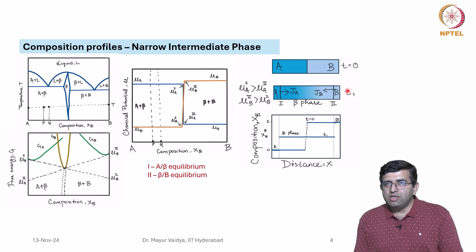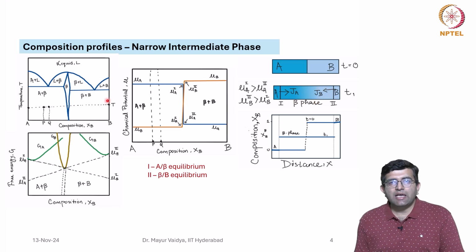But at T1, you have only beta phase developed here, a single phase beta, and beta has almost negligible variation in the composition, and that is why you will see a constant line in the interdiffusion zone.